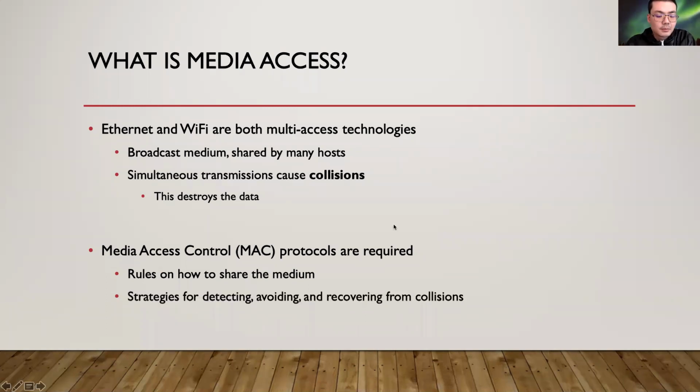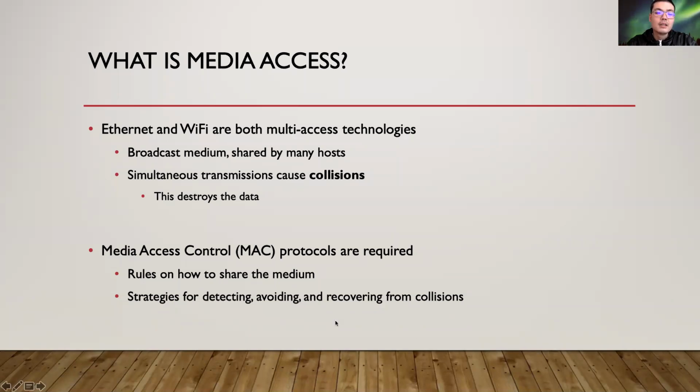Mainly these protocols tell each host how to detect that other people are sending signals, how to avoid sending, and how to recover from collisions. For example, detecting is checking whether someone is already sending something on the wire. If that's the case, I don't need to send, because if I send, I will corrupt the signal. So you first detect, and if you detect it, you avoid that.